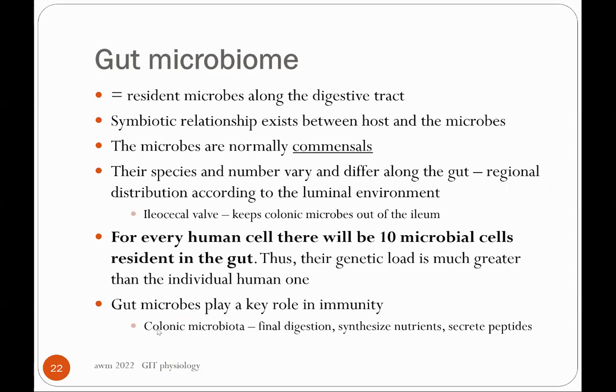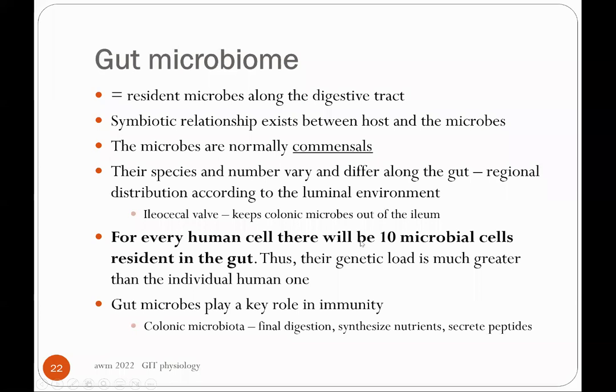While doing the final digestion and digesting things like cellulose, which we cannot digest, they also produce short chain fatty acids, which will be taken up and used by some of the colonocytes. And they also produce vitamins, which are then absorbed in the colon and will end up in your bloodstream and help you. So that's why we're saying we've got a commensal, symbiotic relationship, a win-win situation where the host helps the microbes and the microbes help the host.